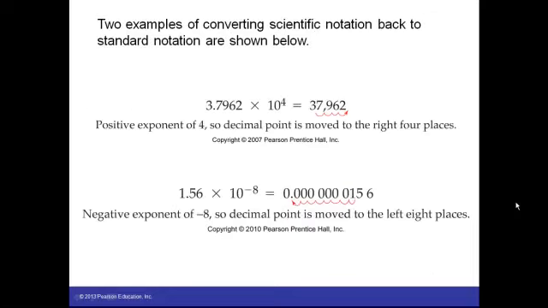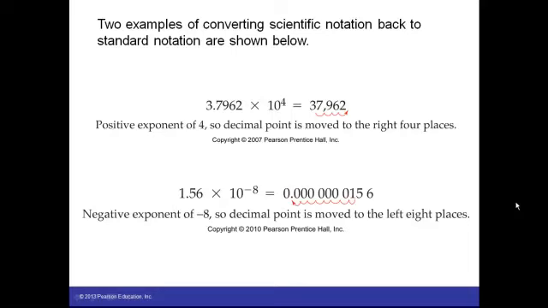These are just some more practice samples that you can do. Again, if we're going to convert this number back into standard notation, the +4 indicates that it's a large number, so we have to move our decimal place to the right and make this a very big number. We move it 4 places, and we end up with 37,962 as our answer.